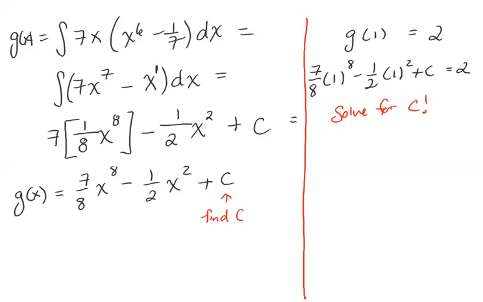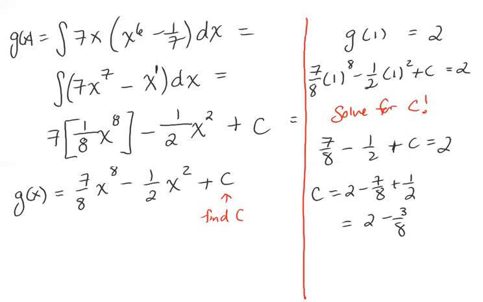On the left-hand side, 7/8 times 1 to the 8th power is 7/8, minus 1/2 plus c is equal to 2, which means c is equal to 2 minus 7/8 plus 1/2, which should give me, what is that? 2, negative 7/8 plus 1/2 is a negative 3/8. And then 2 minus 3/8 would be 13/8. So I know what my constant is. It's c equals 13/8.